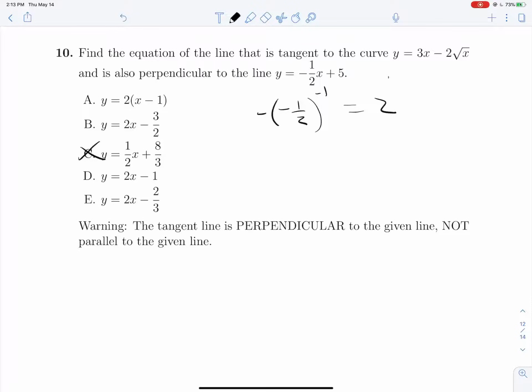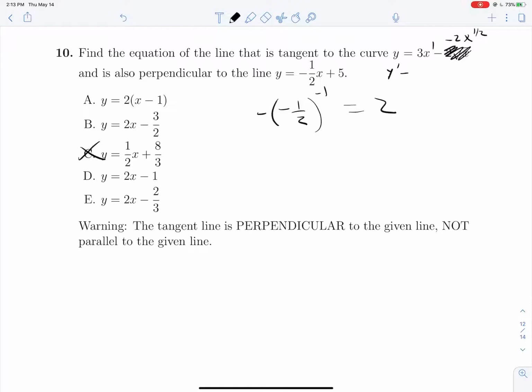For that, we will need the derivative of y. And in order to solve that, I'll rewrite this bit as -2x to the 1/2 power. We're going to apply the power rule. So that says that we can bring down the exponent of every x, multiply it by the coefficient that's attached to that x, and then decrement that exponent.